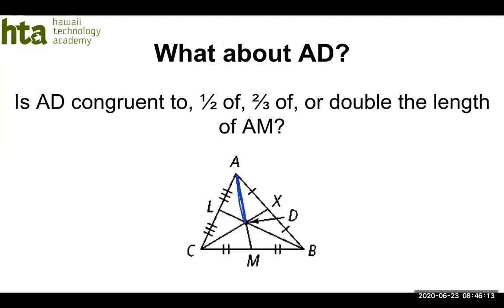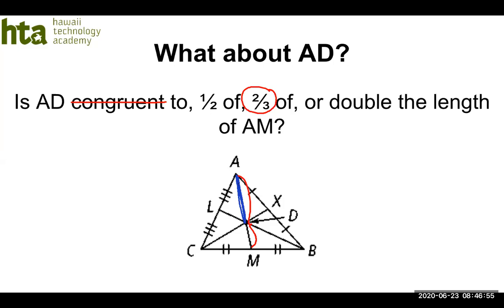A to D in comparison to A to M. They're obviously not the same length, so they can't be congruent. I'm glad you guys are all saying 2/3 because that's correct. So far, mid-segments have halves and doubles. Perpendicular bisectors and angle bisectors have congruence. Medians have 2/3. A to D is 2/3 the distance from A to M.